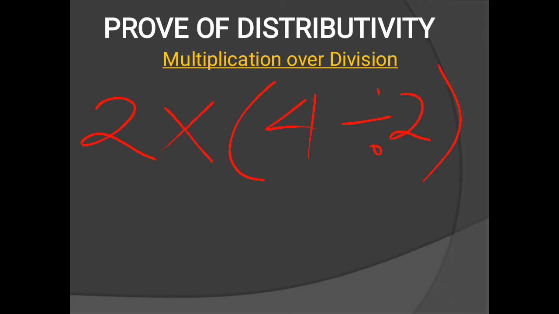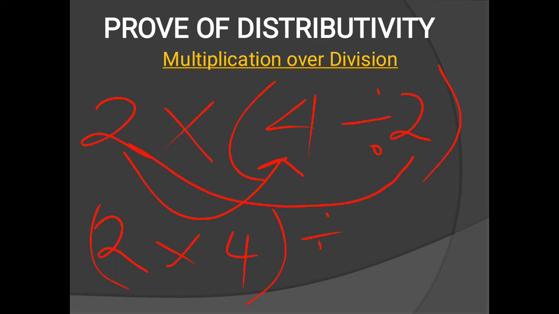Let's see: 2 times 4, then what is in the middle? In this case, division. What is in the parentheses is division, so it comes into the middle: divided by 2 times 2.